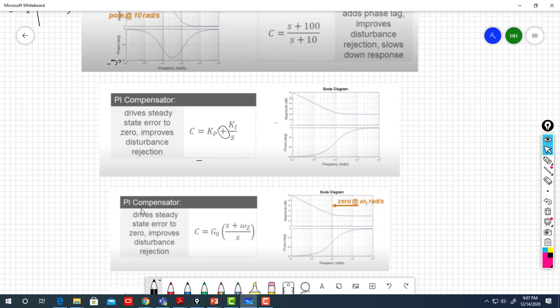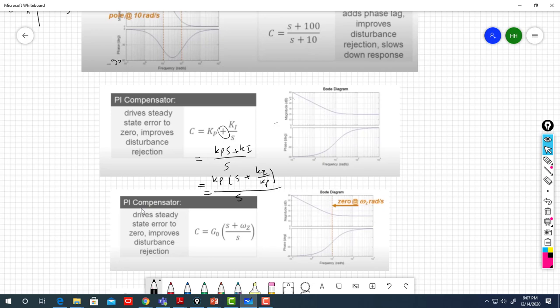If you take S, for example, you have Kp S plus Ki. So now if I take Kp common, I get S plus Ki over Kp over S.